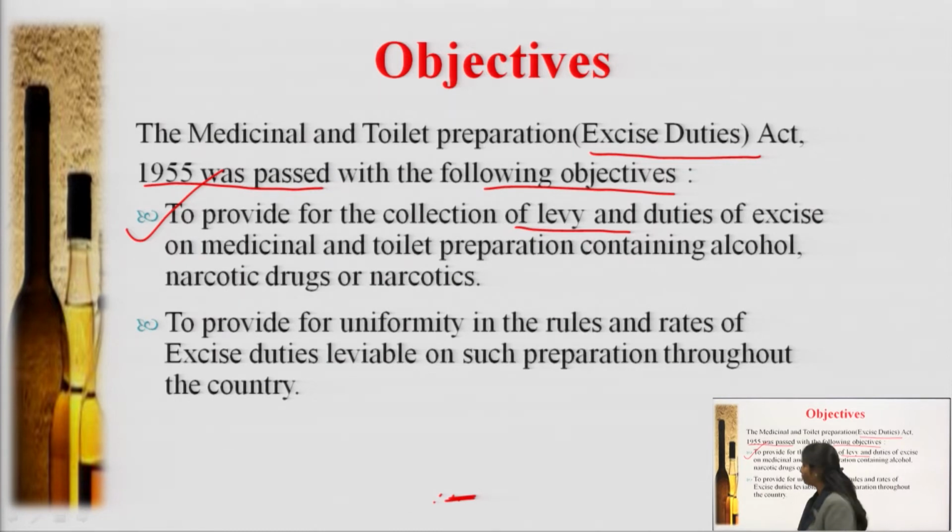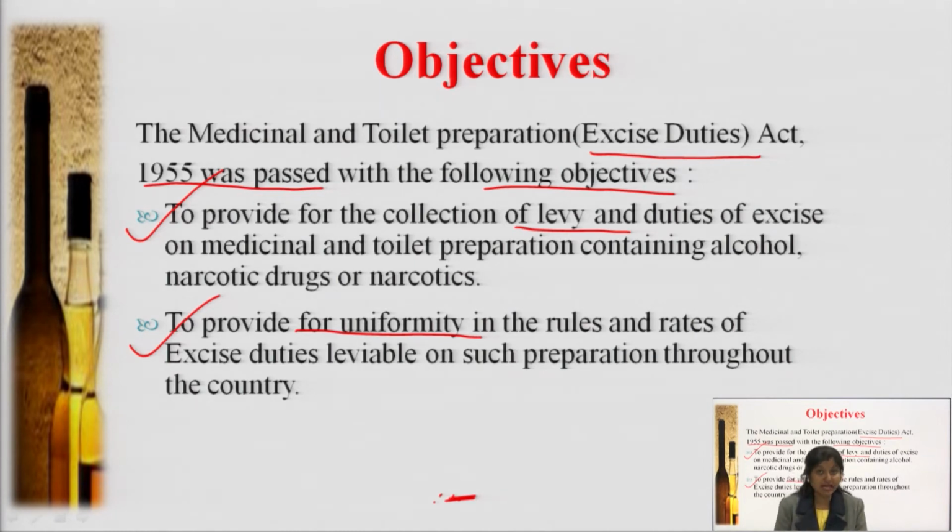Coming to the second point, we have to provide for uniformity in the rules and the rates of excise duties liable on such preparations throughout the country. Now, we come to the second important point, that is uniformity. Uniformity of the rates that we are using for the collection of levy.